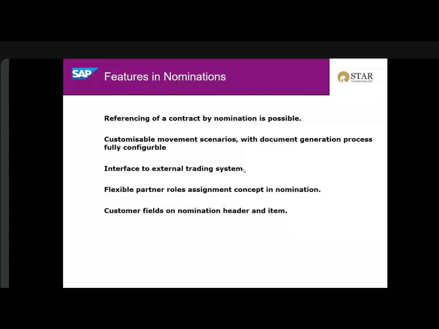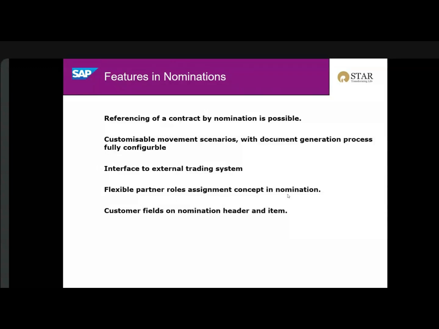Nowadays many companies don't create the nomination in SAP. They capture the finalized deal in some other non-SAP application, and that application is linked to SAP. So when they click on the complete button, the data will flow to SAP and SAP will create the nomination automatically. That type of thing also is there nowadays.